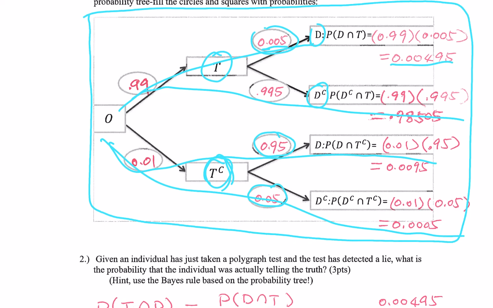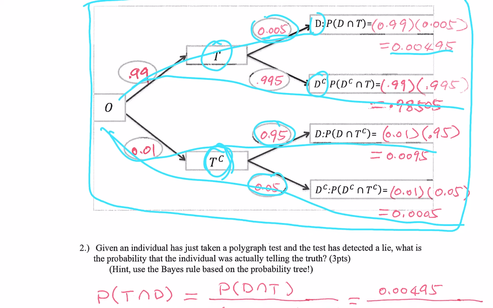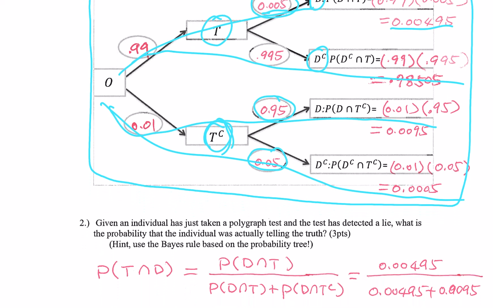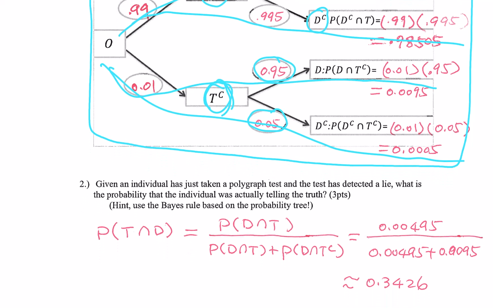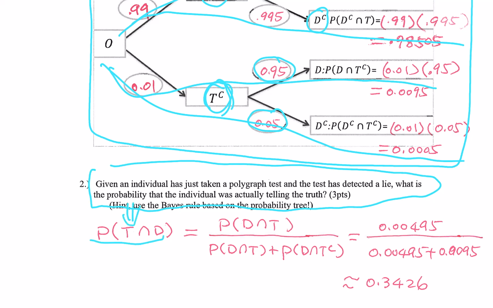All right. After you finish the tree diagram, let's move to the last part. Yes, this is always a pain, because we need to translate this kind of wording into probability terms. We know T means an individual tells the truth.